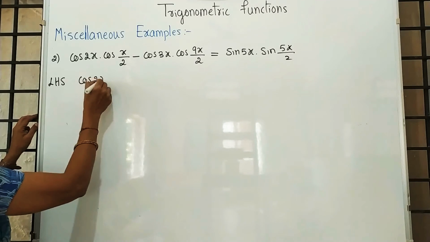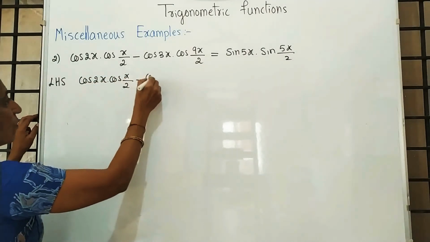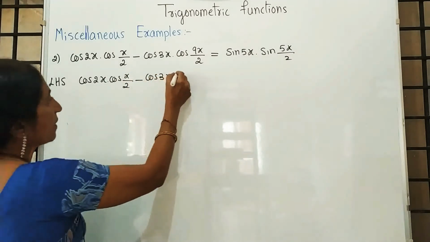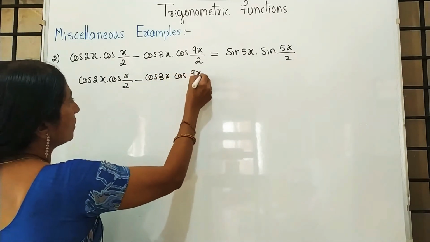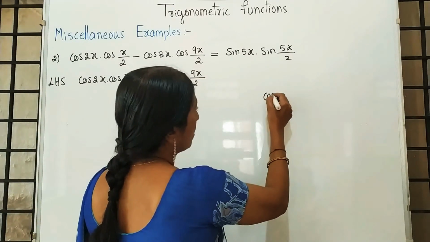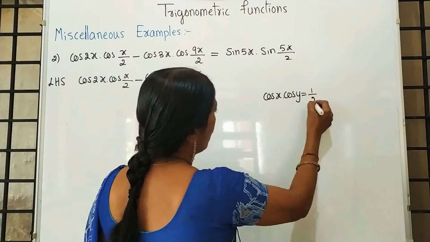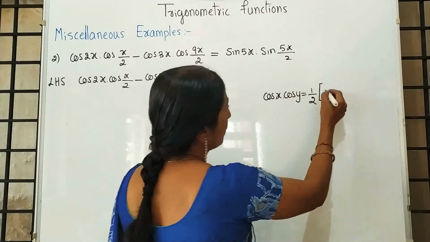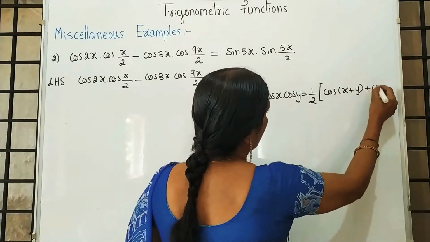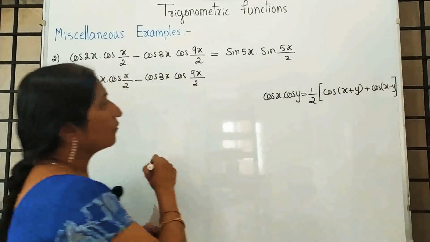Cos 2x into cos x/2 minus cos 3x into cos 9x/2. See, they are in the form of cos x into cos y, that is equal to 1/2 in the bracket cos(x+y) plus cos(x-y) formula.